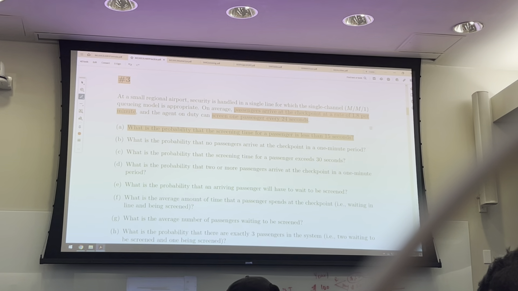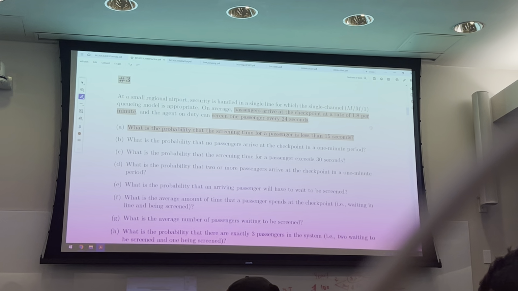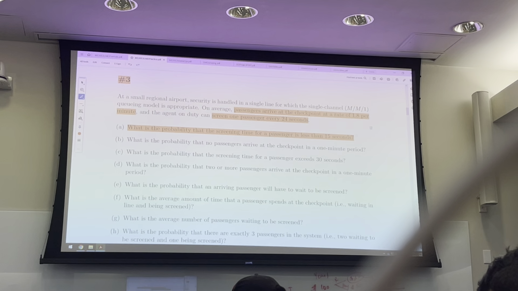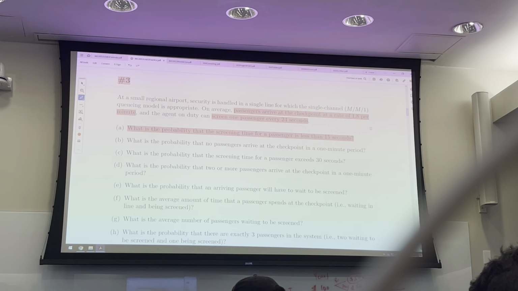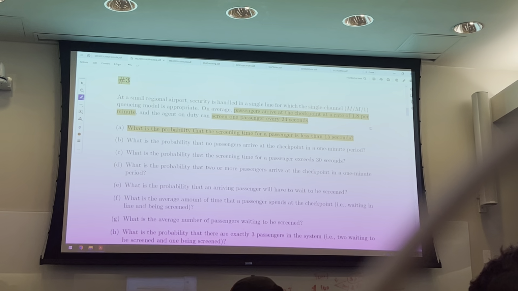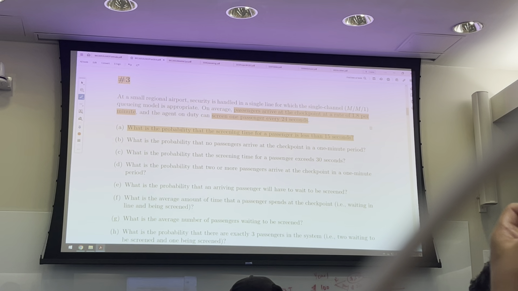Convert everything to seconds. Exactly. So you can either convert mu into seconds, or convert the seconds to minutes, which probably is easier because you're dealing with fewer fractions. And your mu is probably in a form that you want it to be in for the rest of the problem. Good.